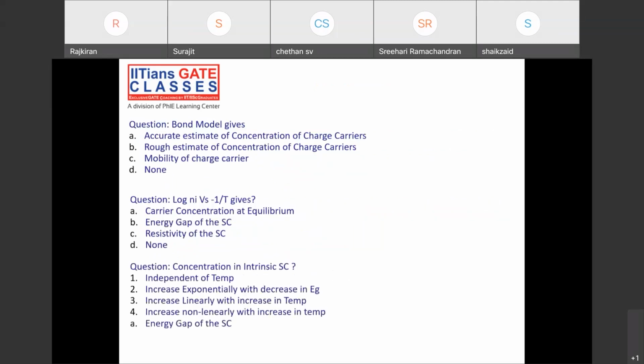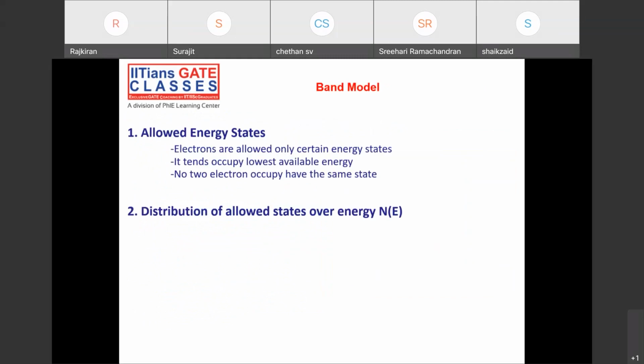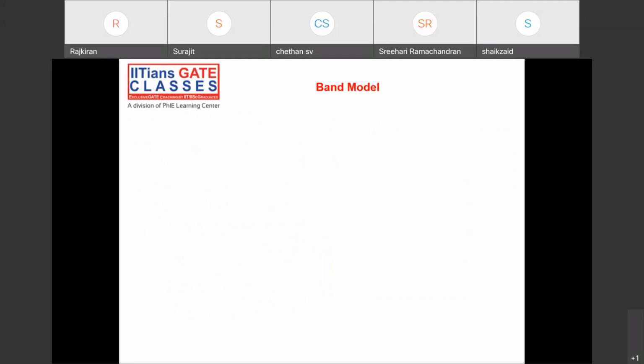Then you will go to band model. In the band model, we will explicitly get what the concentration is. So next class we will complete the band model, also bond model. Since we have understood the basics of semiconductor, we can go a little faster in the next class. We will complete the band model and also go to the extrinsic semiconductor.